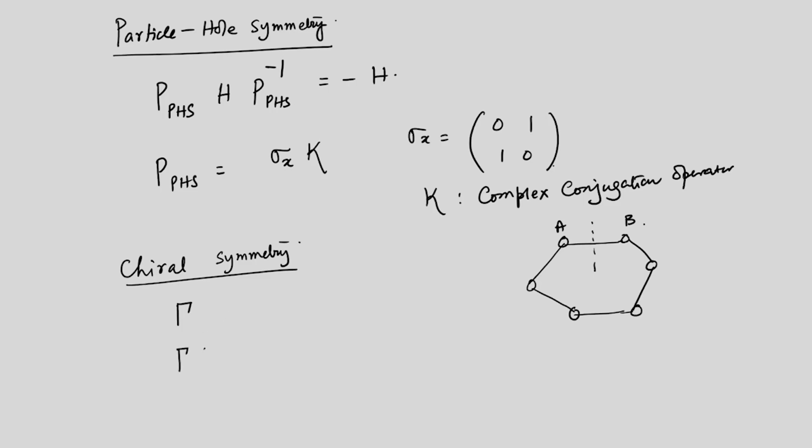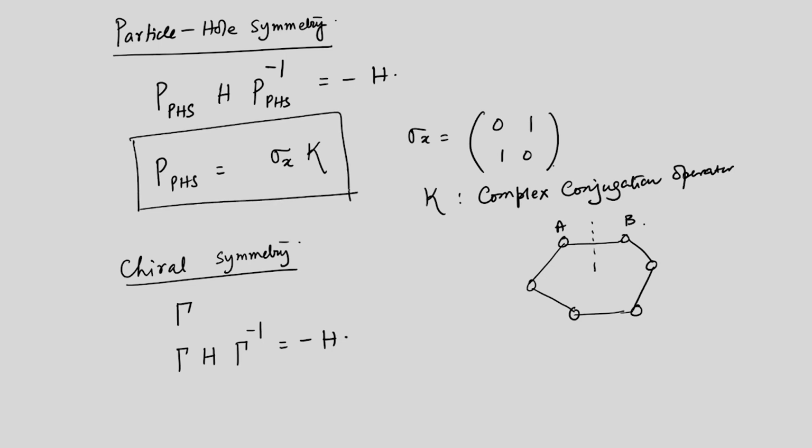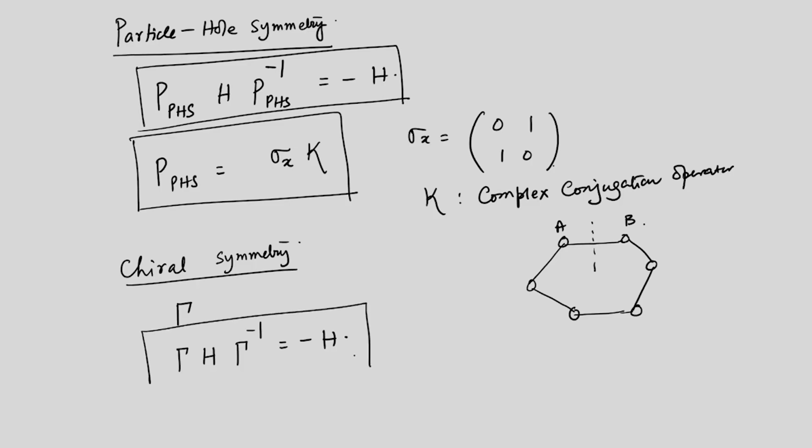It has a similar effect as the particle hole symmetry, so this is equal to minus H. Okay. So, this is the operator, and this is how it transforms. Now, I am just saying that chiral symmetry for a very simple case is like the inversion symmetry, and this is called a sublattice symmetry. So, the chiral symmetry for graphene is a sublattice symmetry.